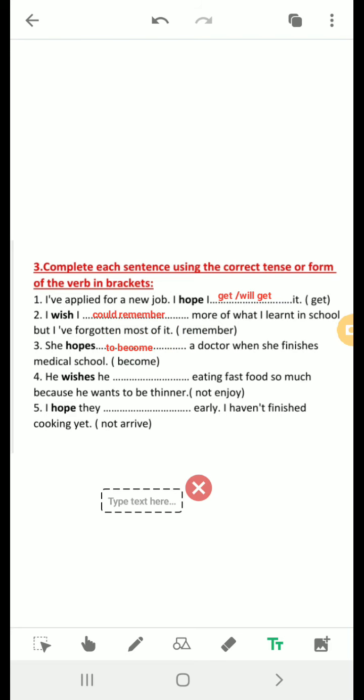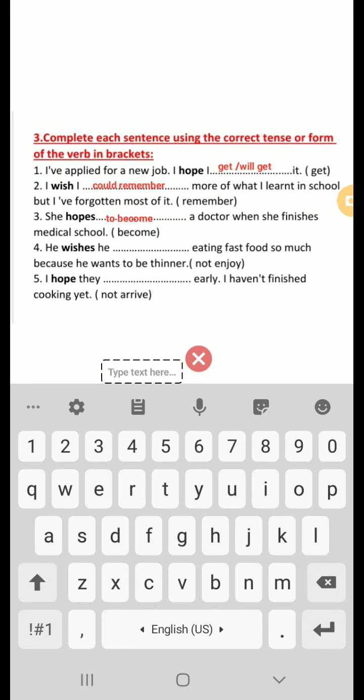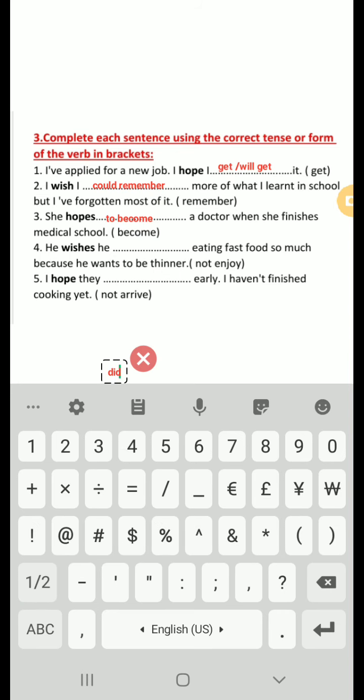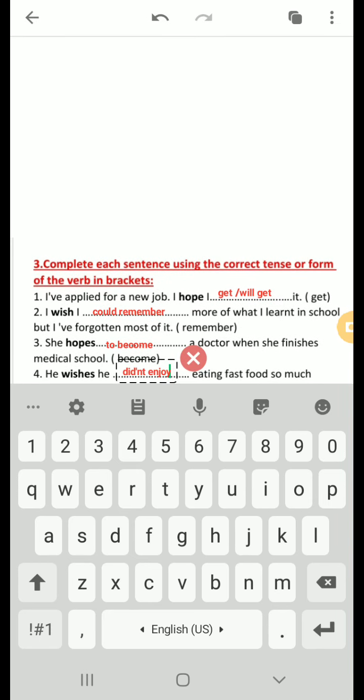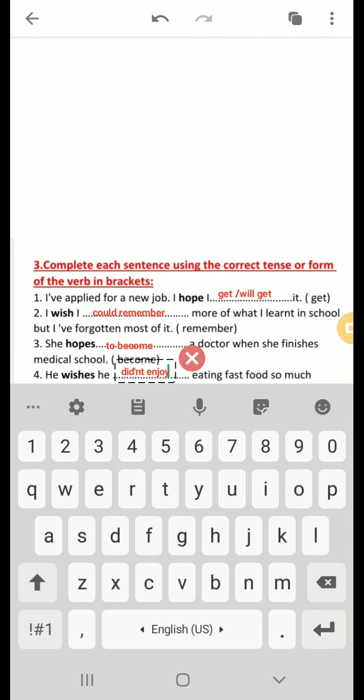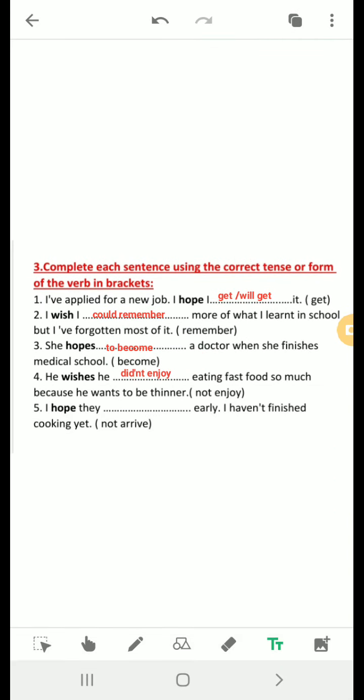He wishes he, from not enjoy, the past form didn't enjoy. He wishes he didn't enjoy eating fast food so much because he wants to be thinner.